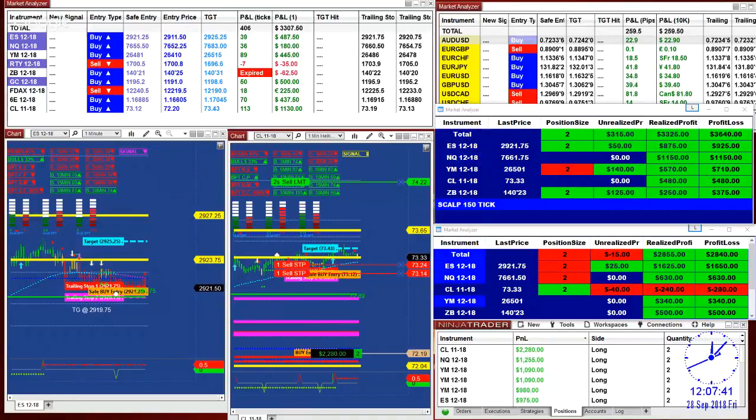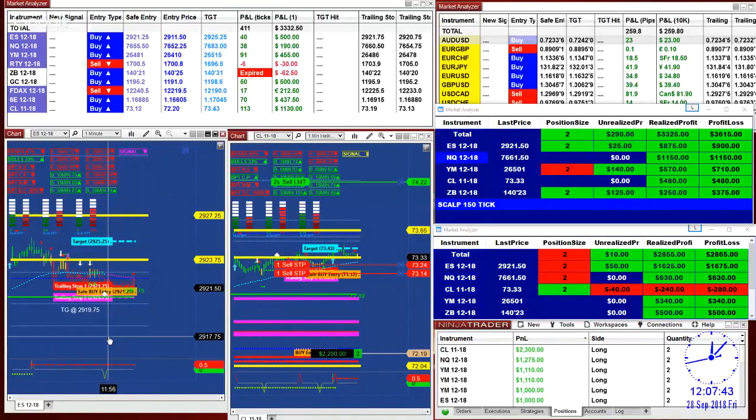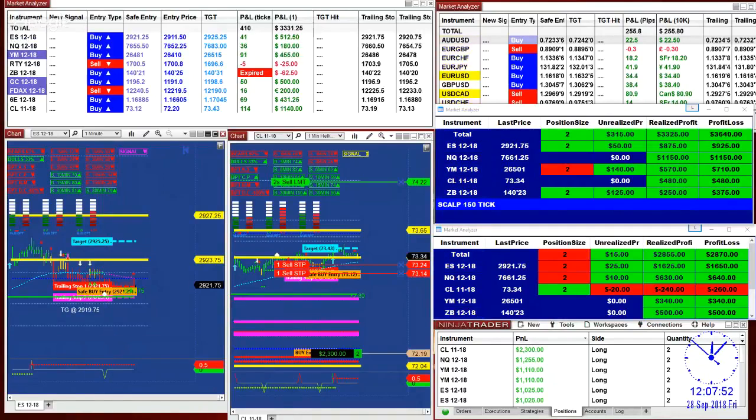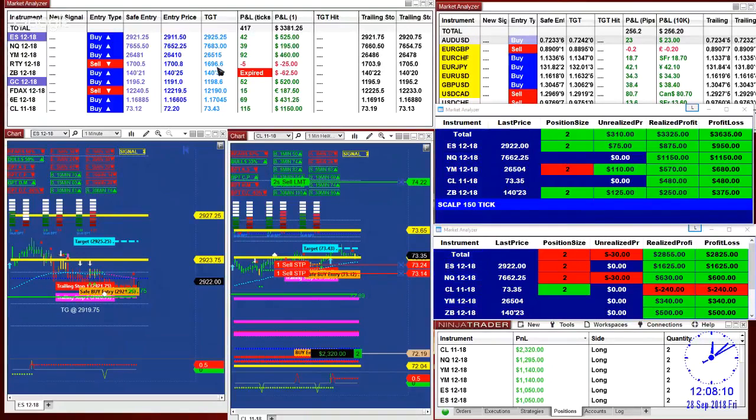And we're about to have a new signal on the ES. And Nasdaq is still a little bit up, and the YM is still a little bit up. So the only one we have is the Russell entry sell at 17.8, target 96.6.